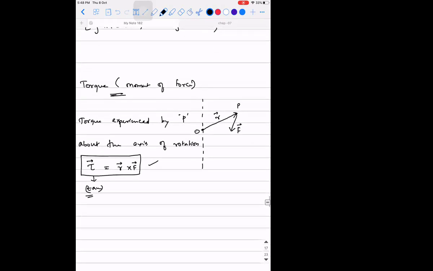So for today, I will tell you how to use this as a formula. Tomorrow, I'll explain what is the significance of it, how to visualize it.